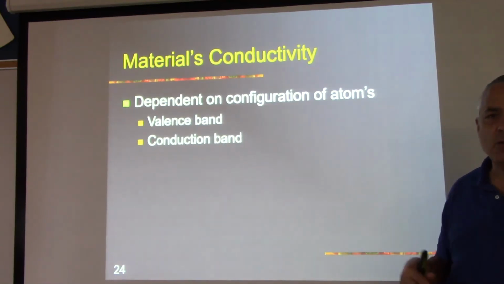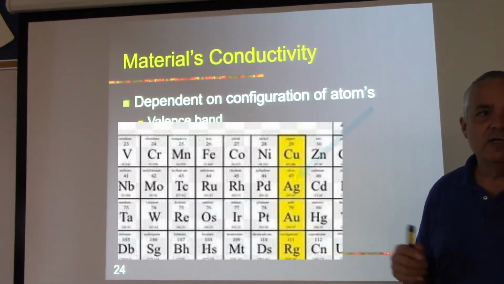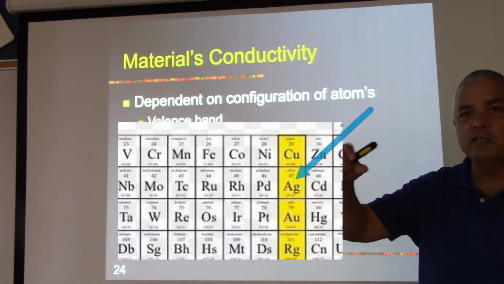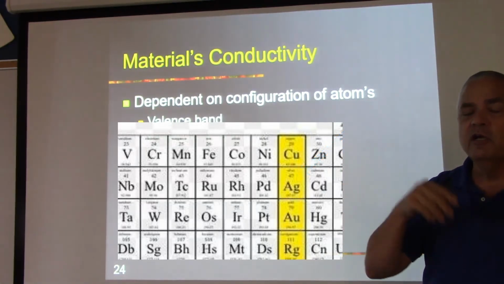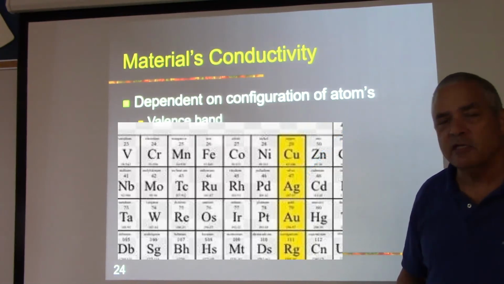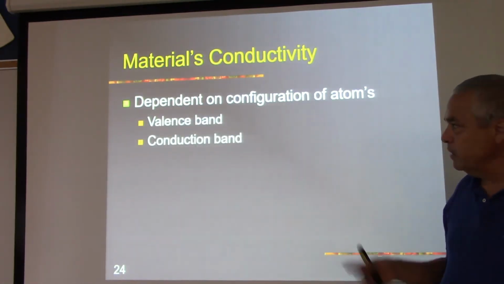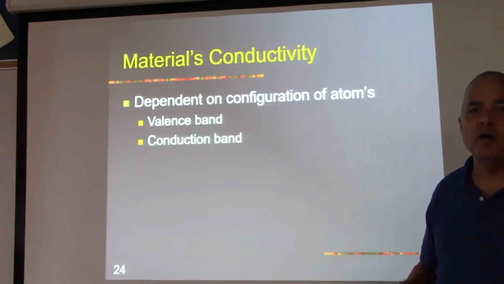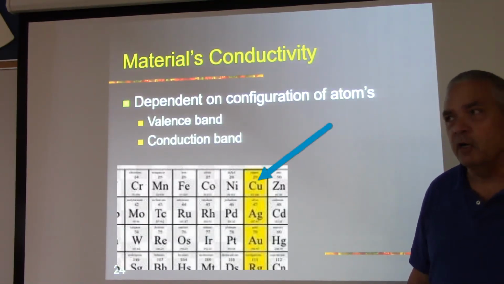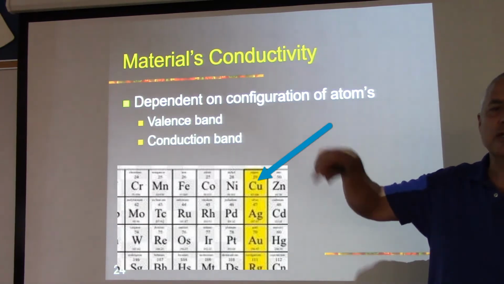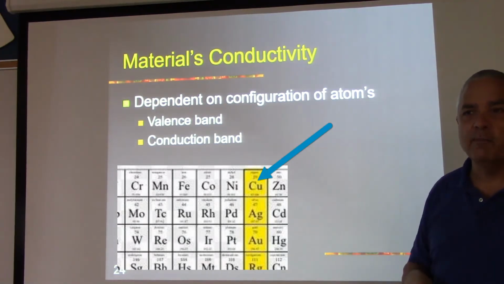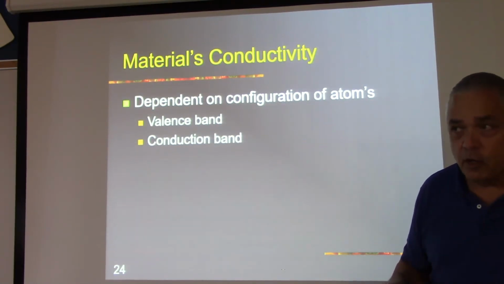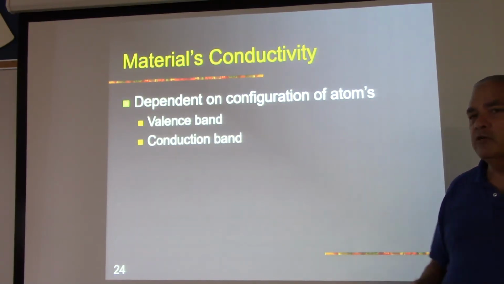Coming down from that, we have silver. Silver has the same setup as gold in terms of outer valence with loosely held electrons. Silver is a fantastic conductor of electricity. Coming down the chart a little bit further, we find copper. Copper has loosely held electrons in the outer band. Not as good as silver, not nearly as good as gold, but what is the advantage of copper?